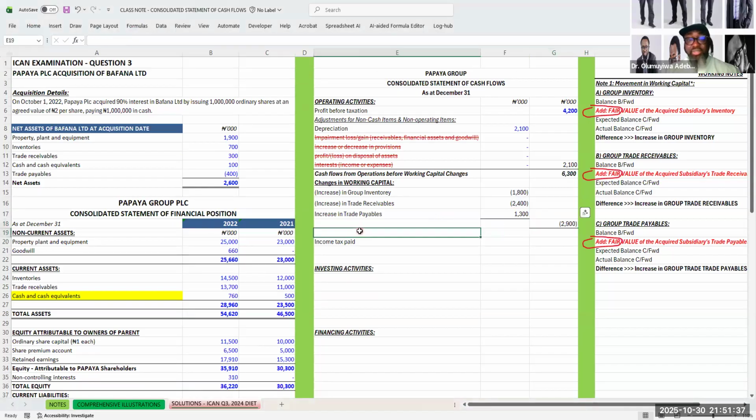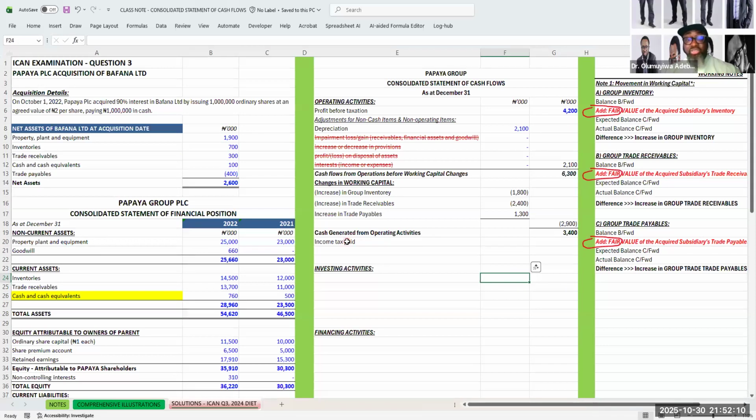The effect of that will give me my cash generated from operating activities. Okay, in that case, what is that? It's for me to sum this and this. And since this is negative, it's going to reduce it to 3.4.